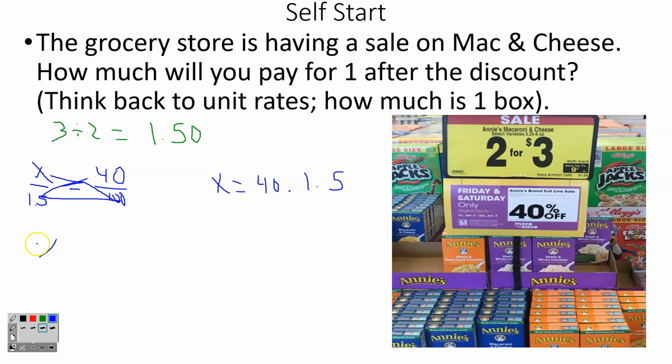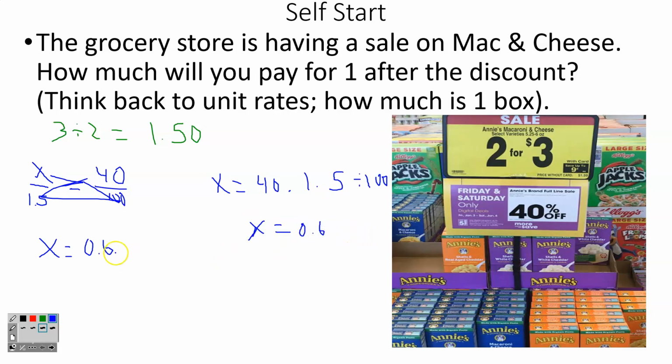I'm going to get an answer of 0.6. If I do that over here, I'm going to do 40 times 1.5. Please make sure that you remember you also have to divide it by 100. And I get the same thing, 0.6.